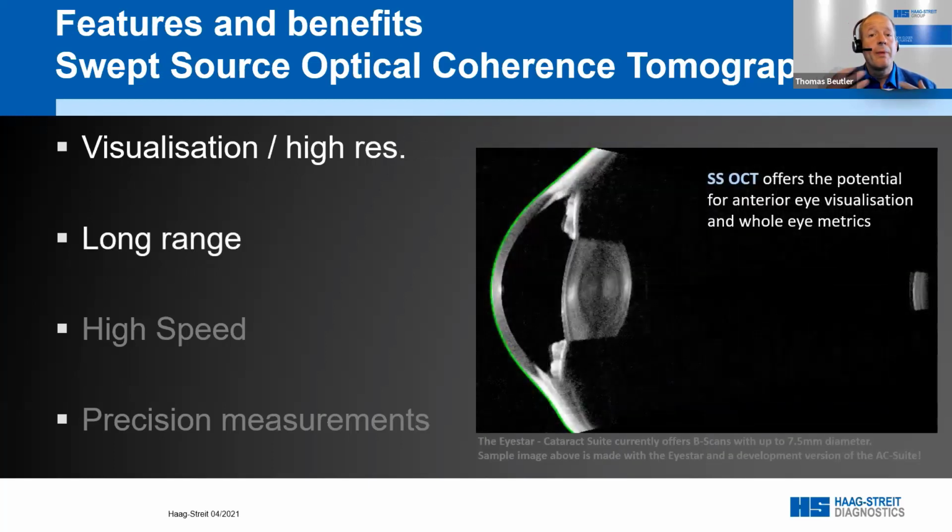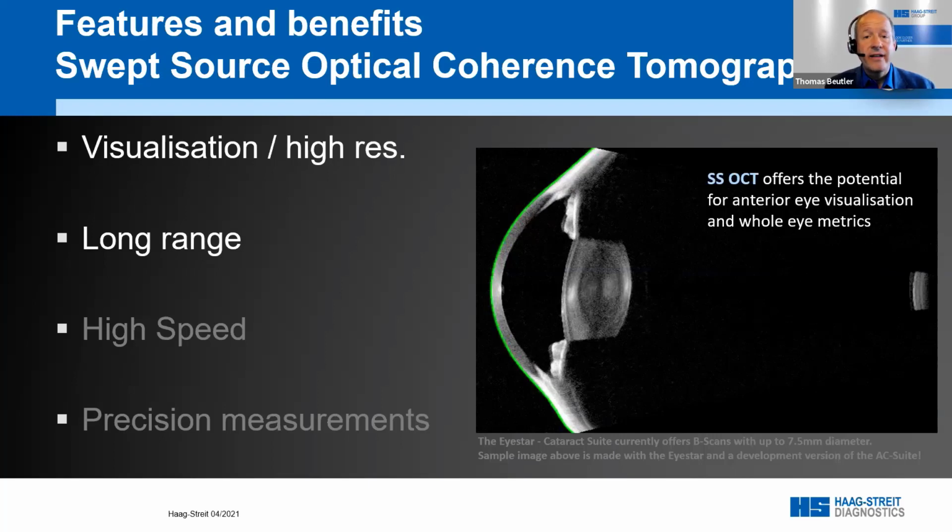Now, when we want to do biometry from the cornea to the retina, we need a long scan range. And what you see here is not an image from the Cataract suite, but that's an image which we're going to provide you with the AC suite in the future. And you can see we have now the possibility to depict the entire eye.